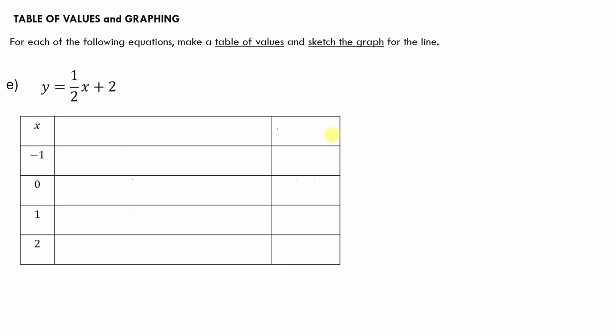A slightly more complex equation, y equals 1/2 x plus 2. The idea is the same. We simply take whatever x value we're given, we plug it into the equation, and it gives us a y value.